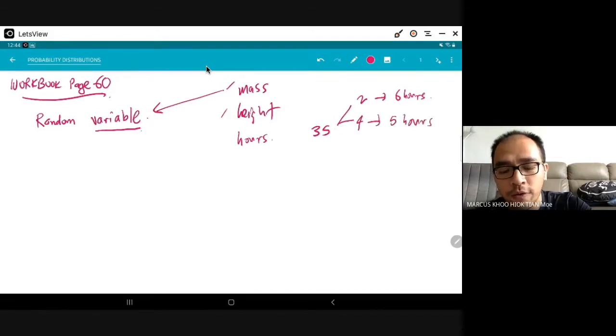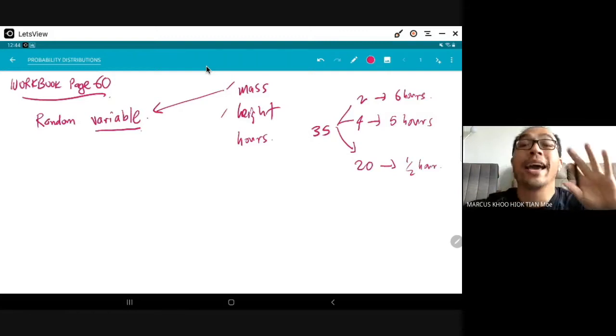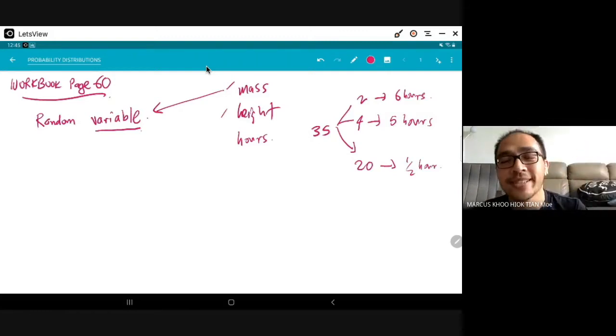And then we find that a majority, 20 people, study for half an hour a day. Just an example. If you belong to this group, it's good that you feel it now. One day you study half an hour, what happens to the rest of the 23.5 hours in a day? Gosh. So all these things are known as variables.